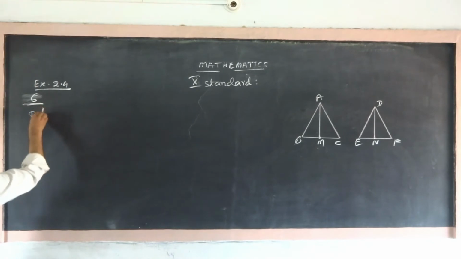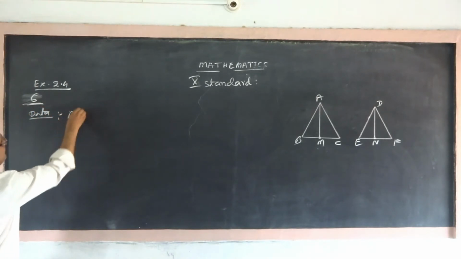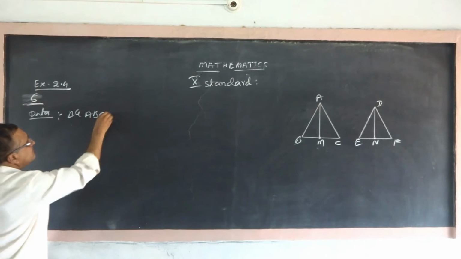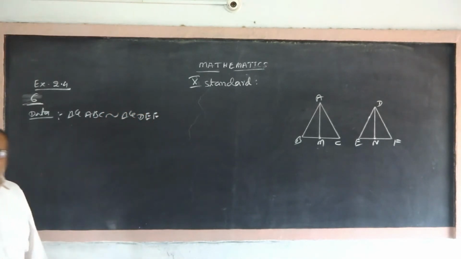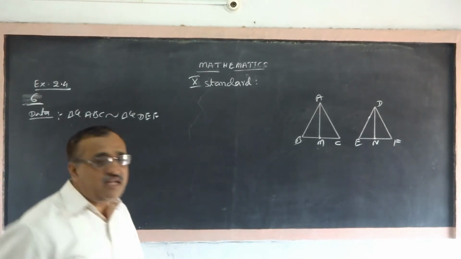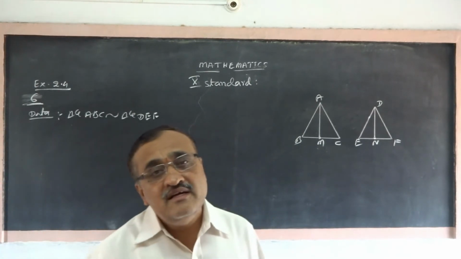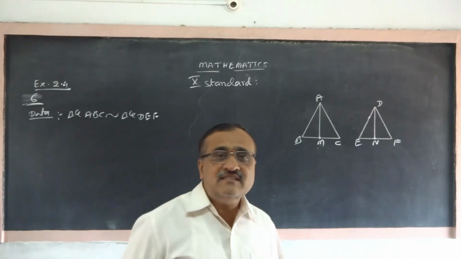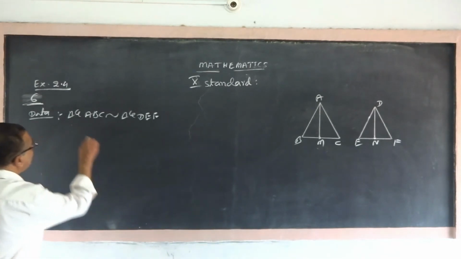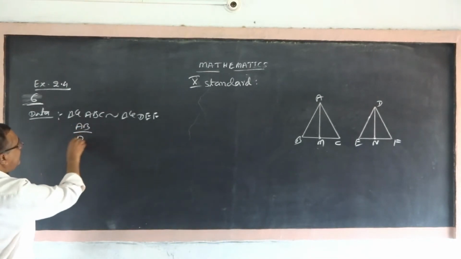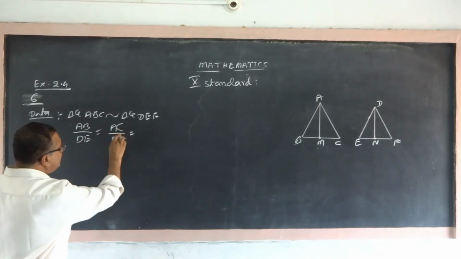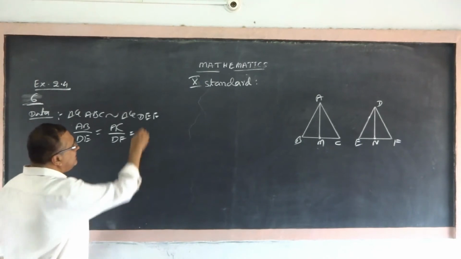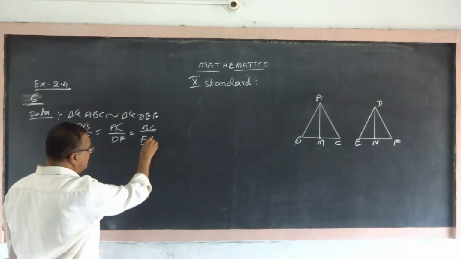Now let us see how to prove this. Data: what have they given? Triangle ABC is similar to triangle DEF. If they are similar, they are equiangular, and the sides are proportional. We can write AB by DE is equal to AC by DF, and BC by EF.